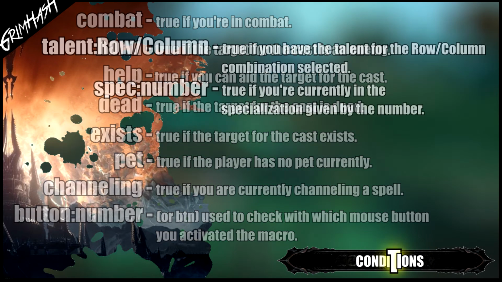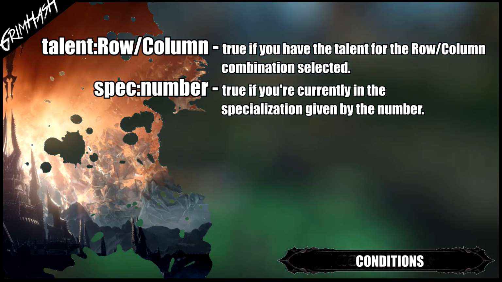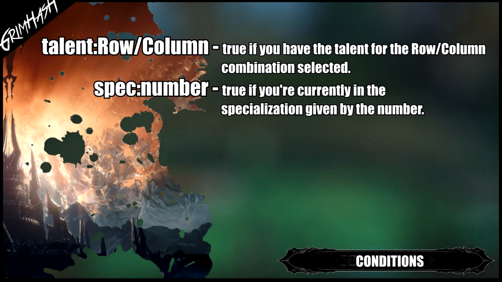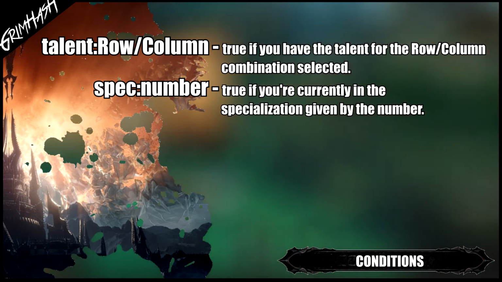So the next two are interesting because they allow you to make macros that change depending on your talent and spec. Are you playing as Demo or Affliction? Maybe Destruction. That may change what demon you wish to summon. You can use spec number, and that allows you to have one button that changes for each spec. You can also use talent row column.